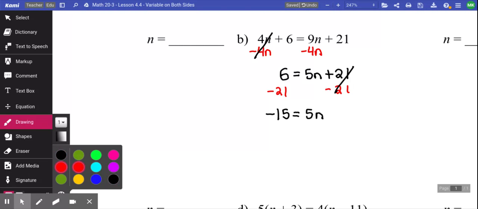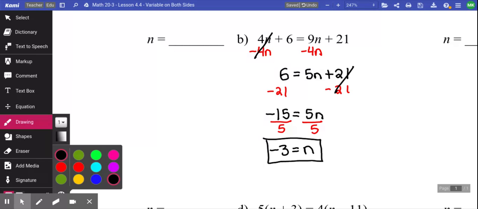Remember that that's multiply. So if that's 5 times n, the opposite of timesing is dividing. So I'm dividing both sides by 5. Negative 15 divided by 5 is negative 3 equals n.